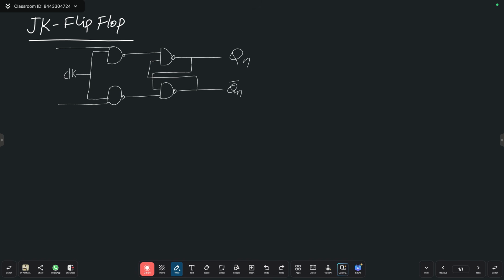So just observe, what type of flip-flop is this? SR flip-flop. So in this SR flip-flop, one change I told you. What is that? Toggling of the indeterminate state. So how to toggle in this indeterminate state? Very simple. Whenever we take a backtrack from Qn bar to this SR, are you following?